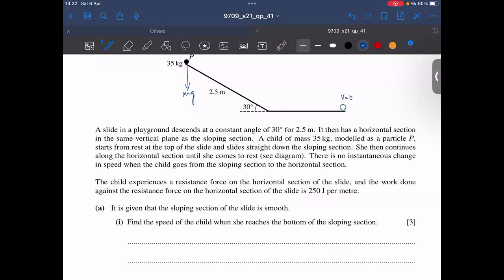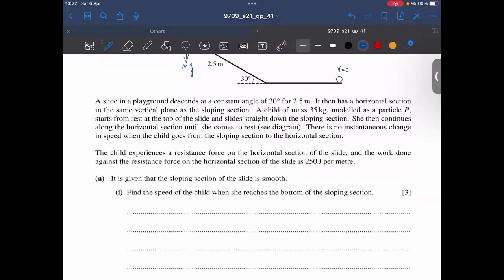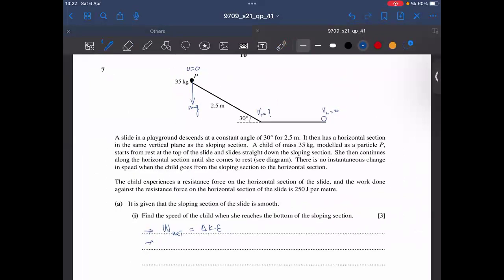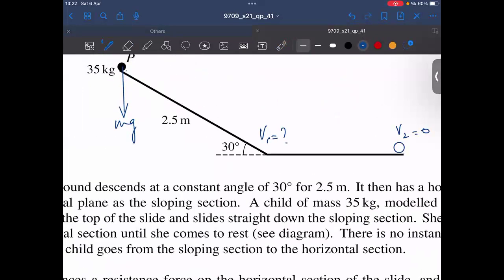It is, find the speed of the child when she reaches the bottom of the sloping section. You need to find out this one, V1, and this is V2. So how are we going to calculate V1? I'm going to be using the work energy theorem. So what are the forces acting on the child? Let me resolve this.